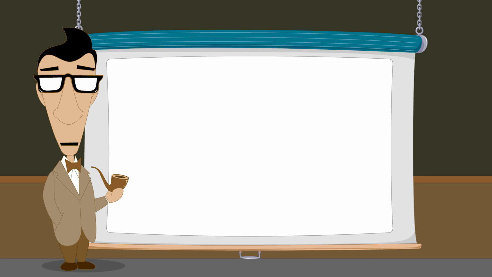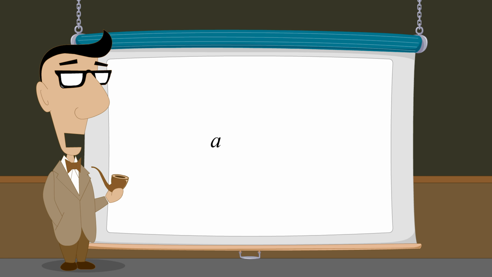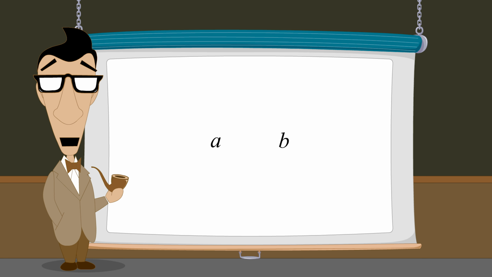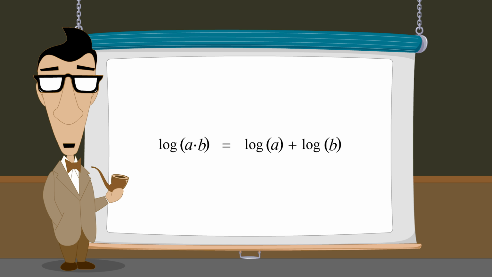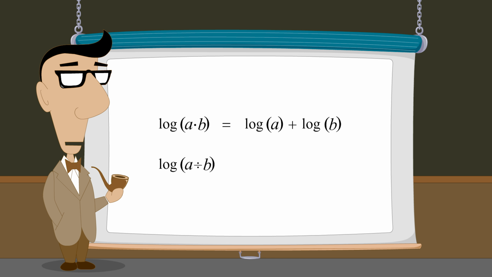For any two positive numbers, a and b, the logarithm of a times b is equal to the logarithm of a plus the logarithm of b. Likewise, the logarithm of a divided by b is equal to the logarithm of a minus the logarithm of b.